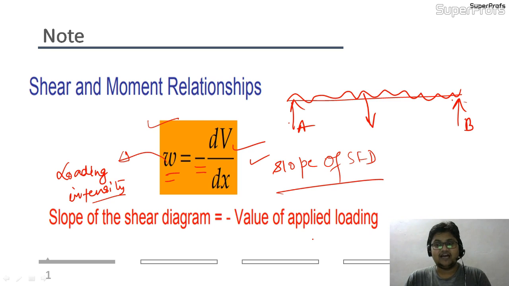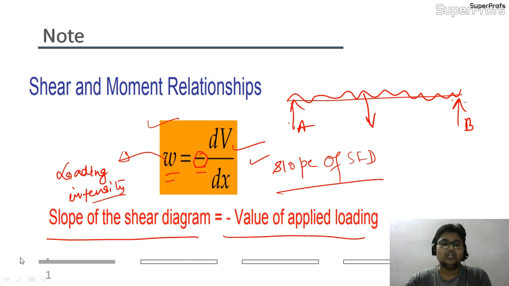Whenever we are to find the loading intensity from the shear force diagram, we find the slope of the shear force diagram and put a negative sign there, then we get the loading intensity. So the slope of the shear force diagram is the negative of the applied loading or the loading intensity.